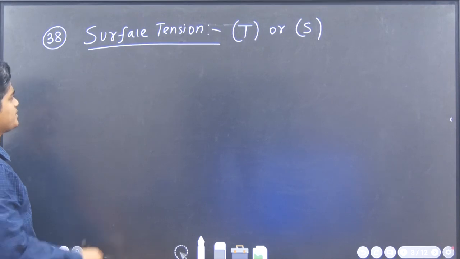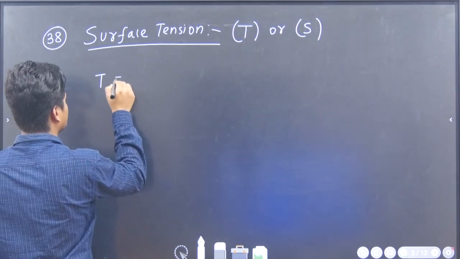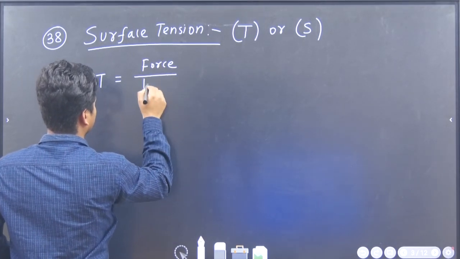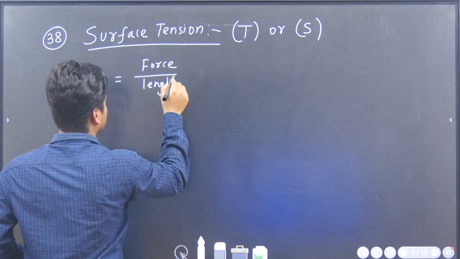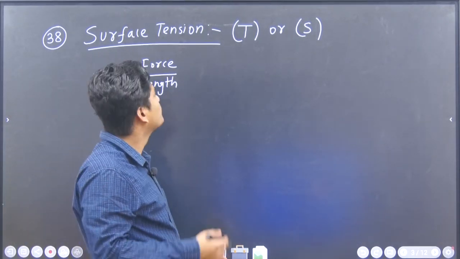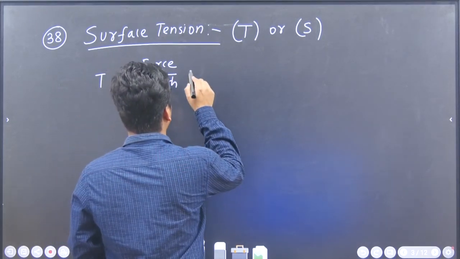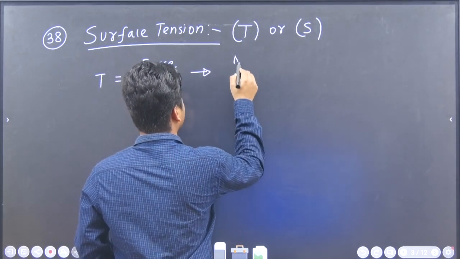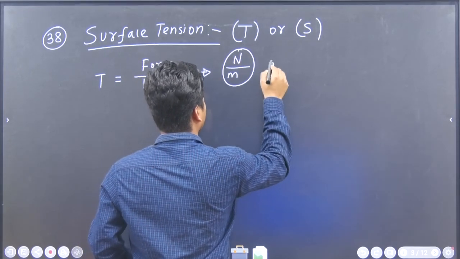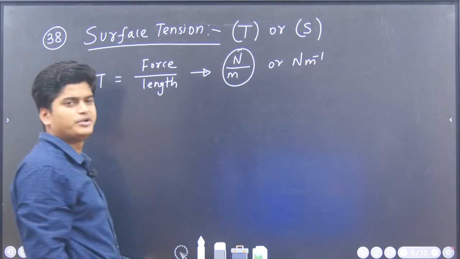Okay. Now what is this one? Surface tension T or S is nothing but force by length. Okay. When we study fluid dynamics, at that time we will study surface tension and all. So force by length, and if you want to find the SI unit, it will be Newton by meter, or you can write Newton into meter inverse.